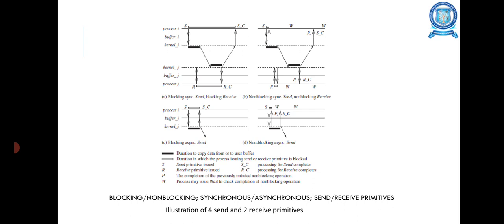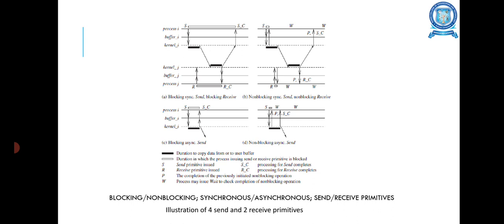Then this is the blocking, non-blocking, synchronous, asynchronous send and receive primitives. At first the process i, then after that the buffer, then next one is k. Here S represents the send, that means synchronous. Suppose it is synchronous, it means the send primitive is issued. Then R represents the receive primitive issue.